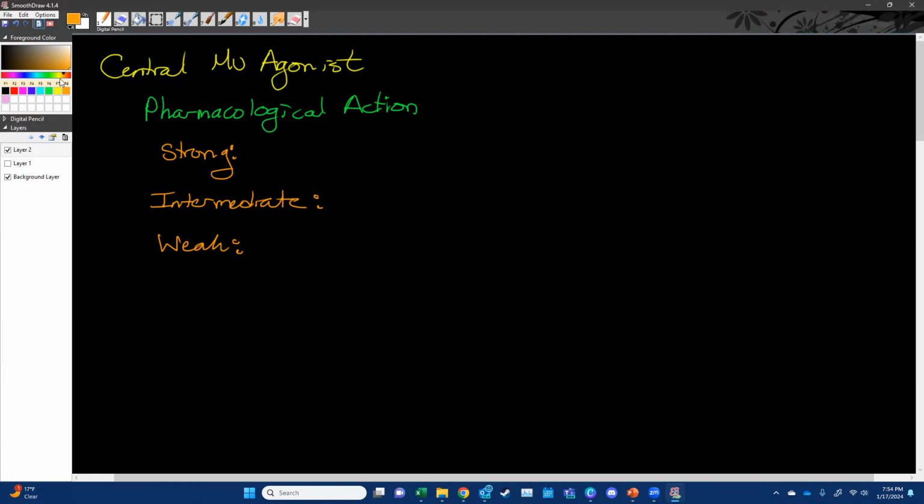Right off the bat, can anybody tell me what the only weak opiate is? Codeine. Very nice. All the other central mu agonists are either going to be intermediate or strong. Really, what differentiates between strong and intermediate is, are you a partial agonist?